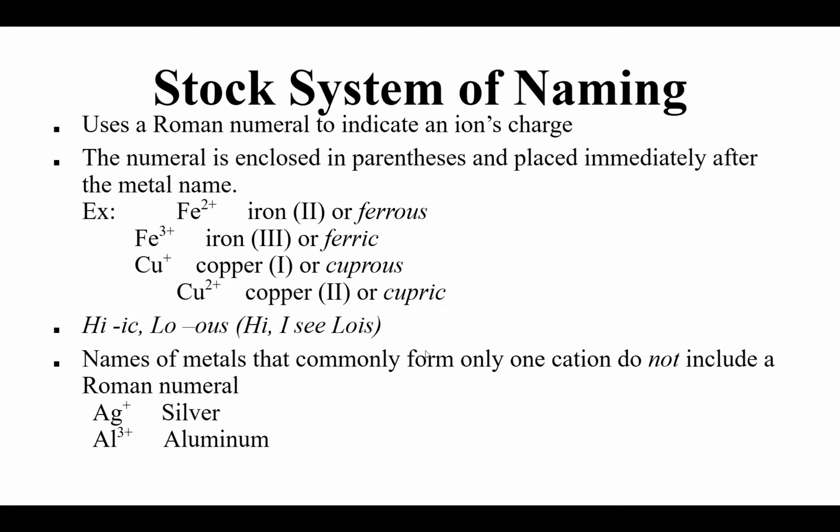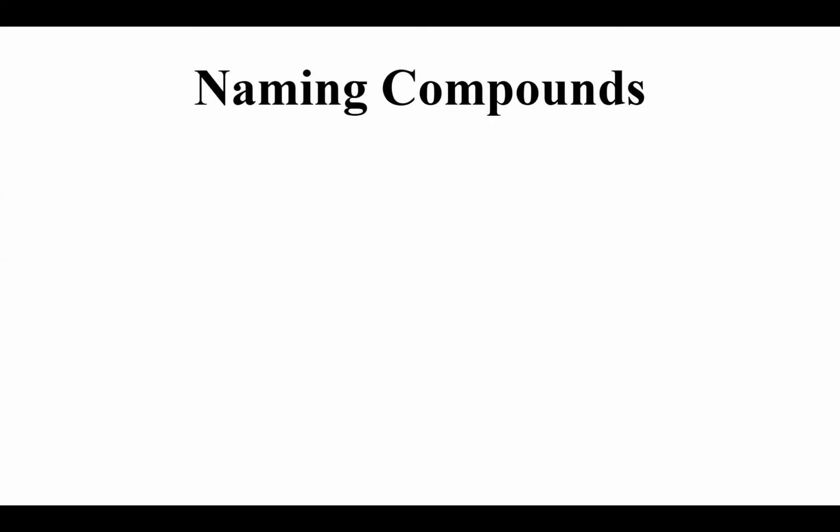It's more straightforward. Now, names of metals that commonly form only one cation do not include a Roman numeral. Silver doesn't, zinc doesn't, aluminum, magnesium. If it only makes one cation, you don't include the Roman numeral.